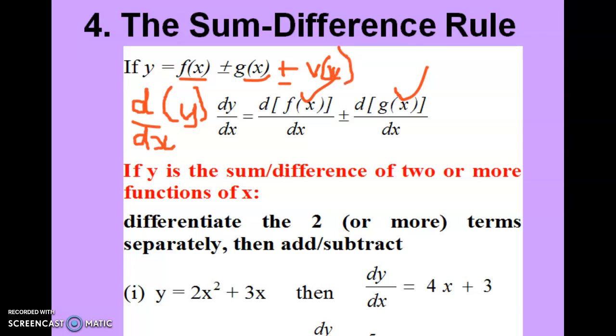You are just going to differentiate v of x and add to the, here we're going to have plus or minus g, then v of x, just like this.